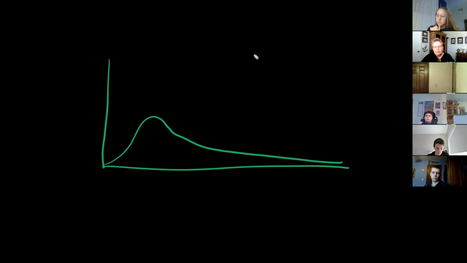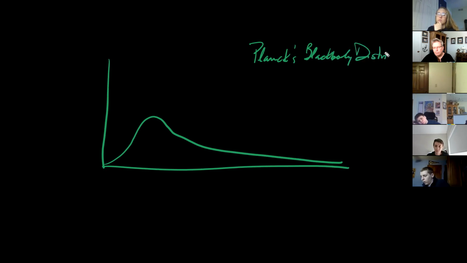Was it Planck's black body distribution? And what's this axis labeled? E star. And what does E star stand for?